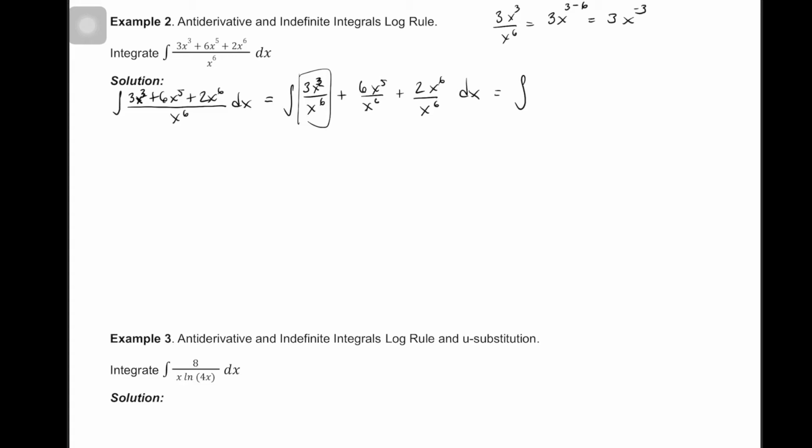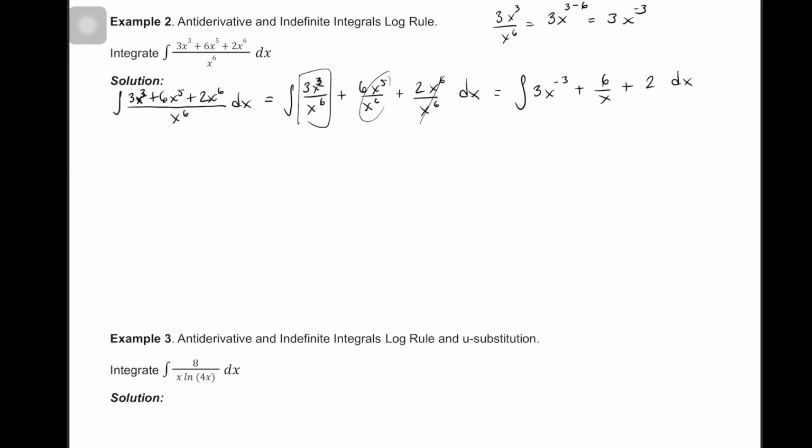We can do this because of one of the exponent rules that we have. And so this will give us 3x to the negative 3 plus, and then we can simplify these two, which gives us 6 over x, and then this one will cancel each other out, just giving us 2.